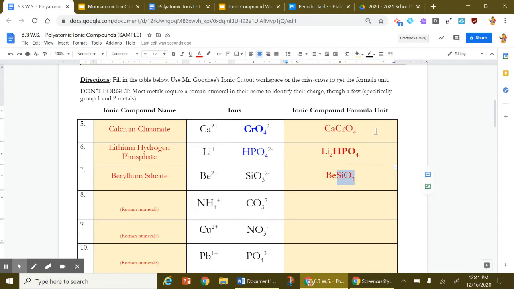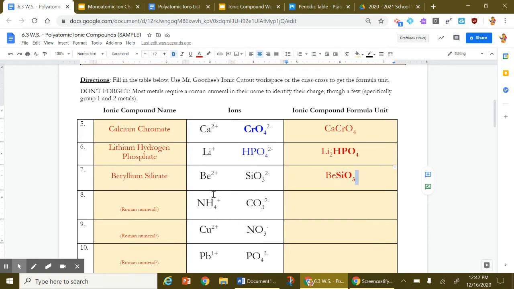Again, silicate is SiO3. That is what 1 silicate polyatomic ion is. So if you have 1 silicate, you have an Si, and then you have O3. Just like, if you have a tricycle, it has a body, and then it has 3 wheels, okay? You don't have 3 tricycles. You don't order a tricycle and only get 1 wheel. Those 3 wheels are part of the single tricycle, okay?